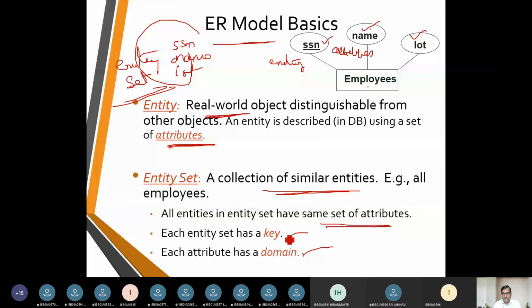For the key here, I can assume SSN as the key, as it is underlined. I am going to assume this one as a primary key, and it is going to be very specific. We are going to call that a unique architecture here.